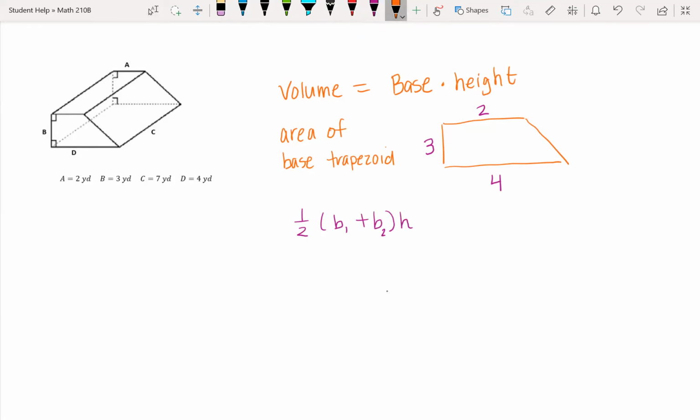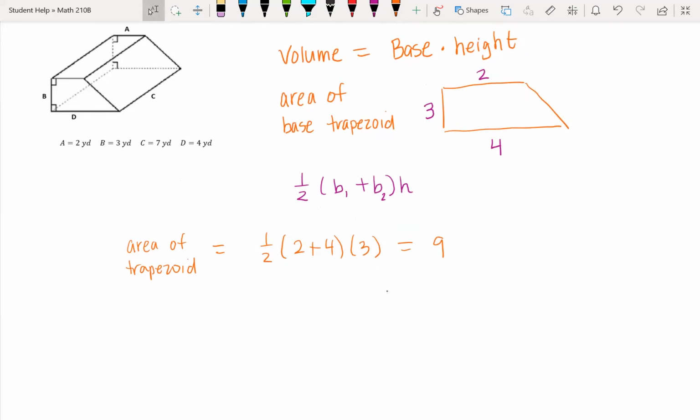So the area of the trapezoid is 1/2 times 2 plus 4 times 3, which is 9.